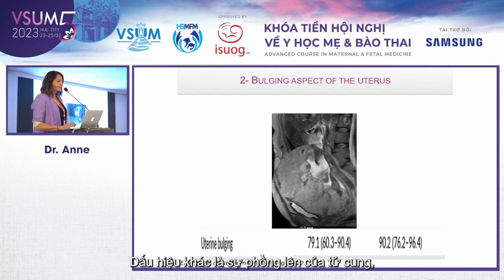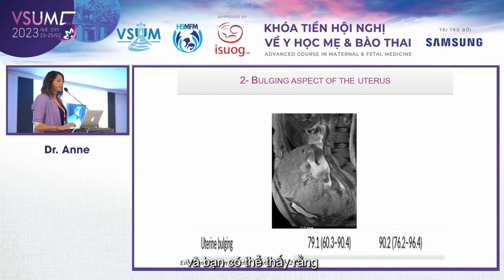The other aspect is the bulging of the uterus, as we talked about previously with ultrasound. When you have this aspect of an important mass with irregular border, you have to suspect placenta accreta.